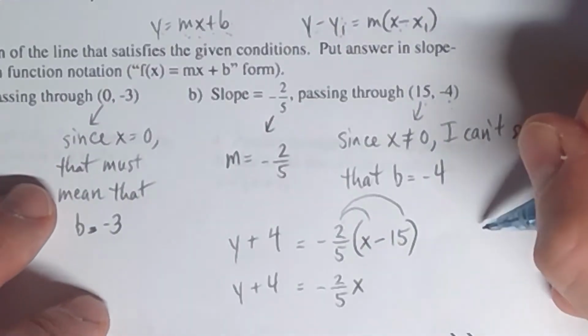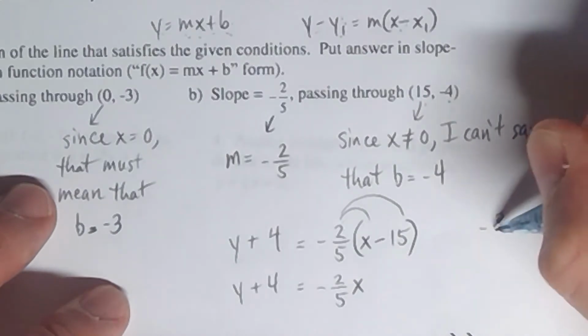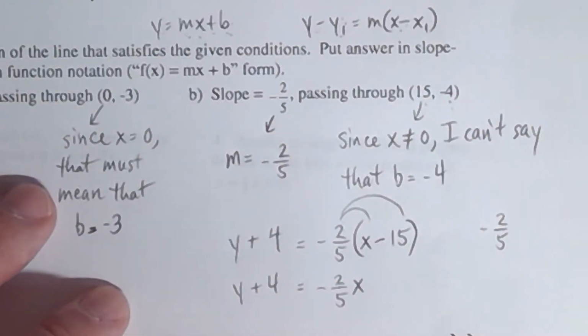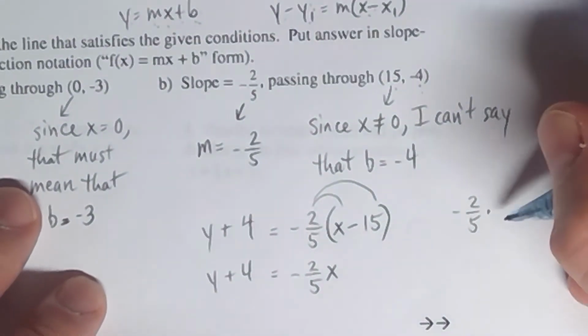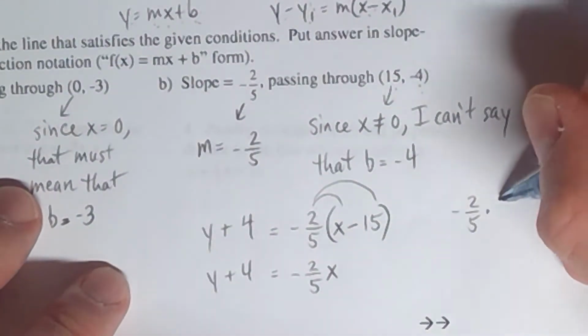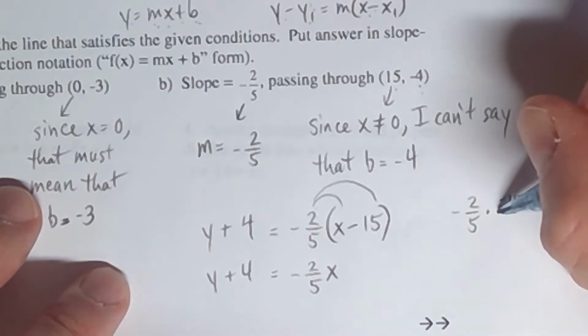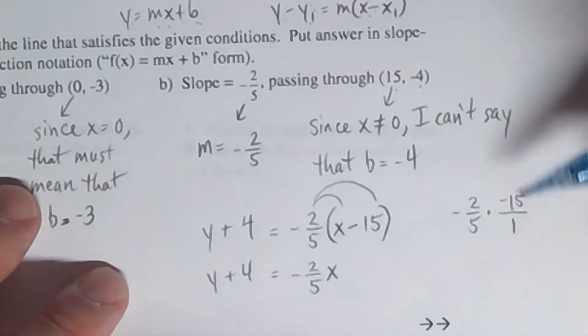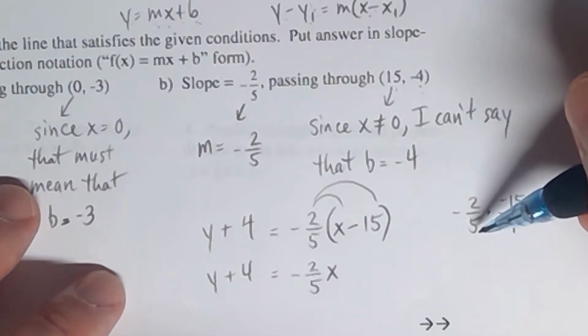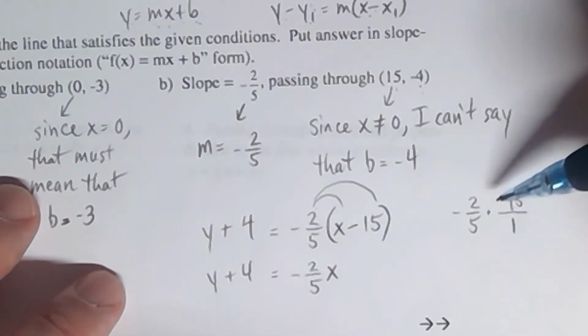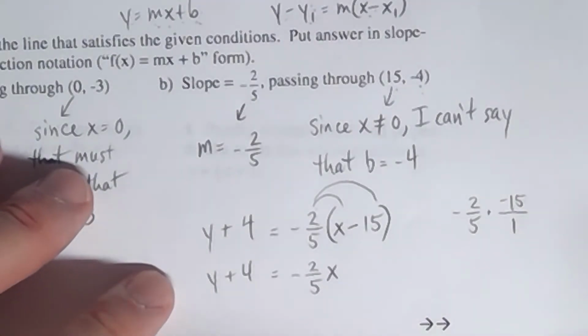Over here, we have to be a little bit more careful. Let me review multiplying fractions with you here when you have negatives involved. You have negative 2/5 times negative 15, which is the same thing as negative 15 over 1. When you multiply a regular number that's not a fraction, you guys, times a fraction, you have to make this into a fraction too, so that you can multiply the fractions together.